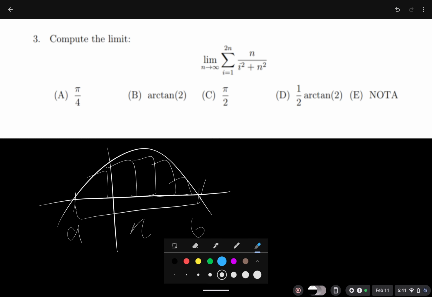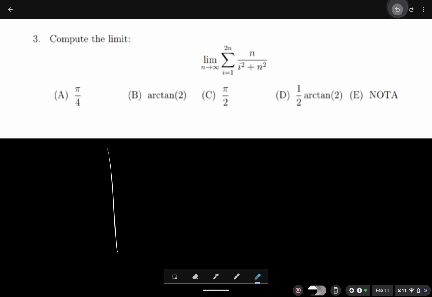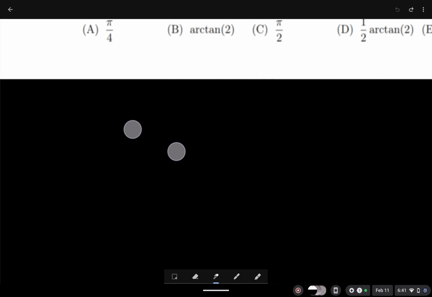In the limit, n is approaching infinity, and that's really advantageous for us, because if the number of rectangles is approaching infinity, the sum is going to be equivalent to the definite integral. So that's our goal, to convert this into an integral.